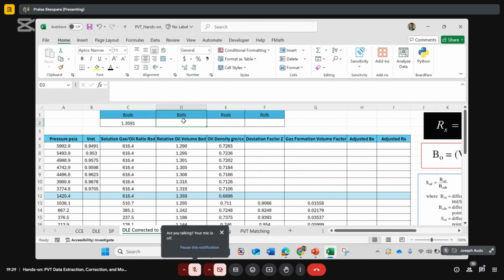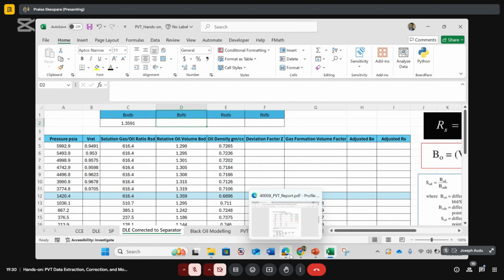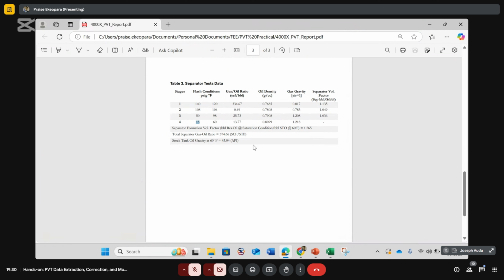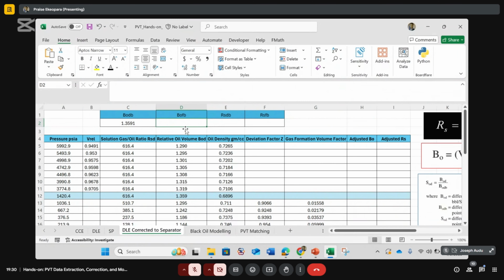This is now our BO at bubble point from the flash, like from the separator. So we just go over to this table and extract it, and you can see it over here. So it's actually this one, 1.265.